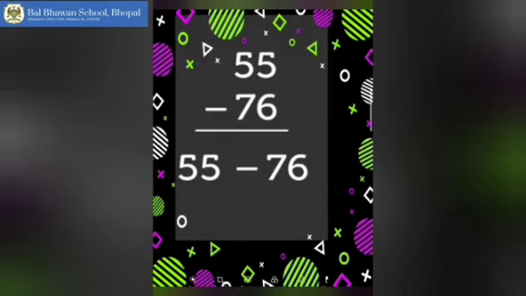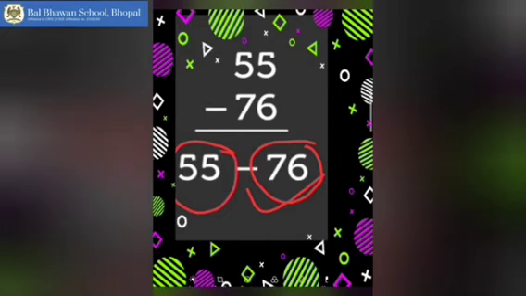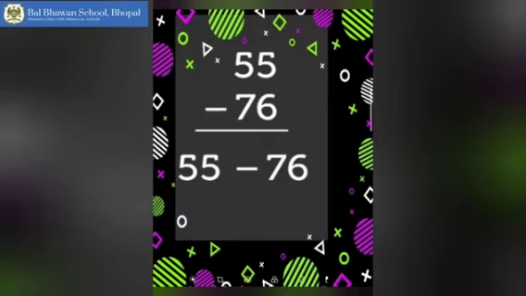But here, if we change the order of the numbers like 76 to be taken away from 55, it will not be possible because a smaller number is always subtracted from a bigger number.